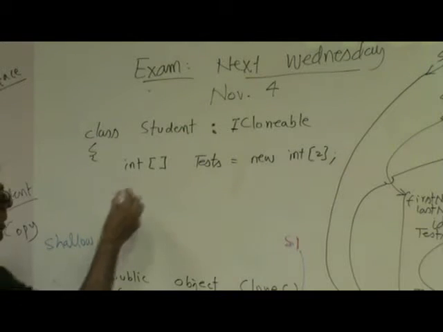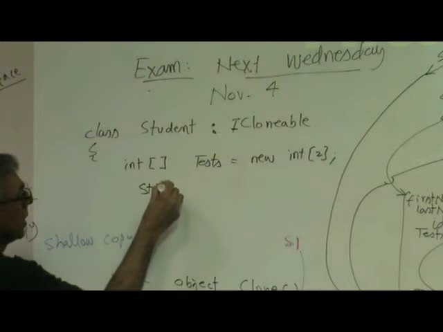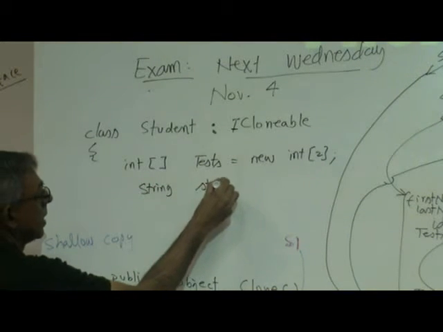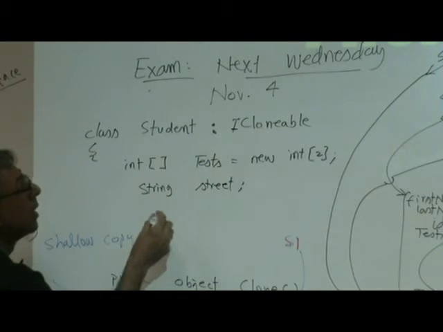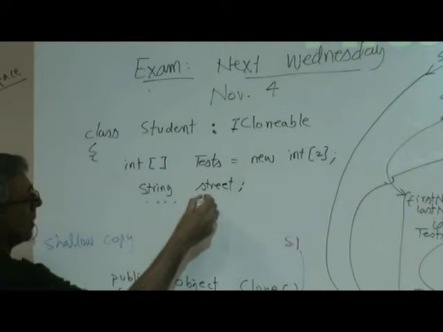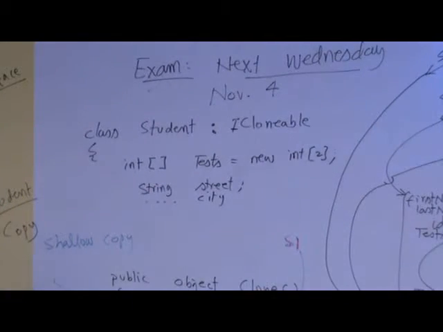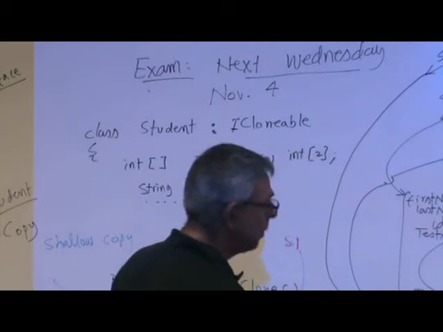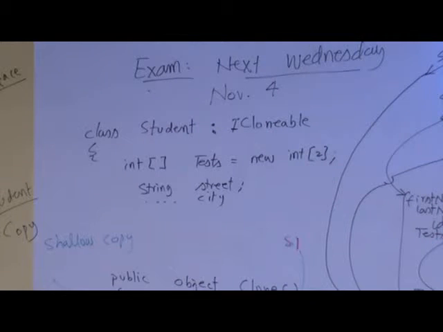So one option is we add a field called string street address, then string city, string zip code, and so on, right? So we put 3 fields over here. And the other option would be, right, then we look over here.